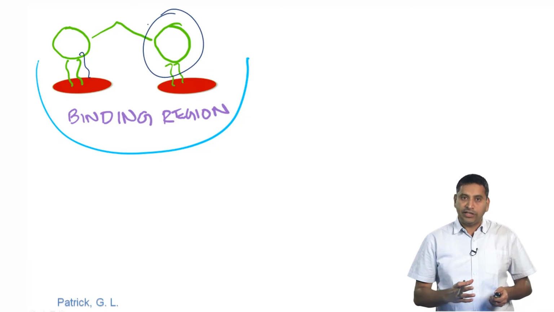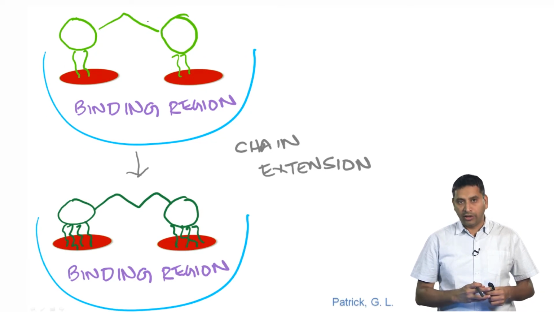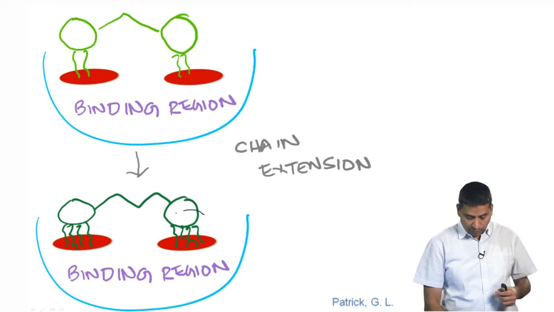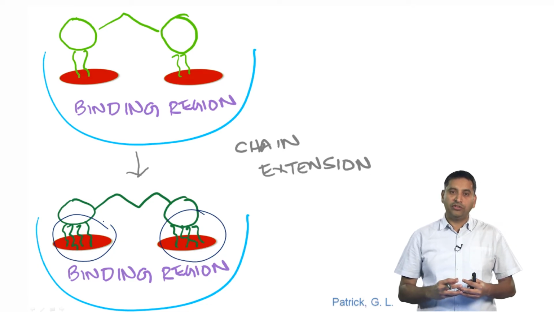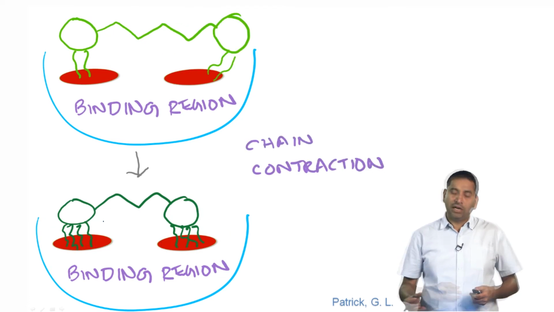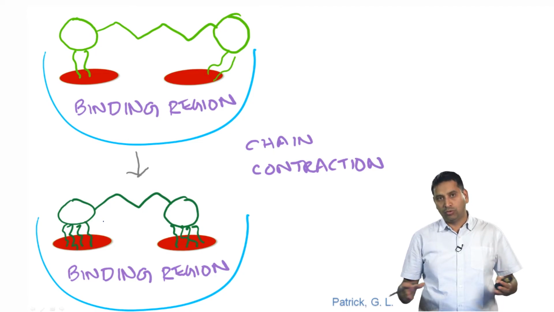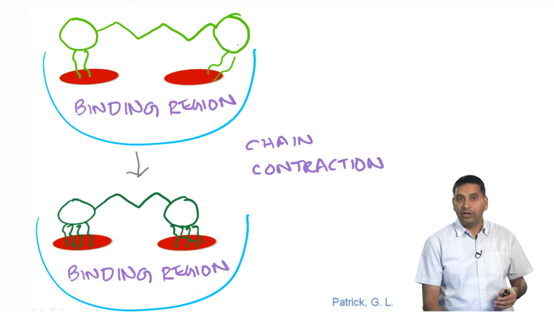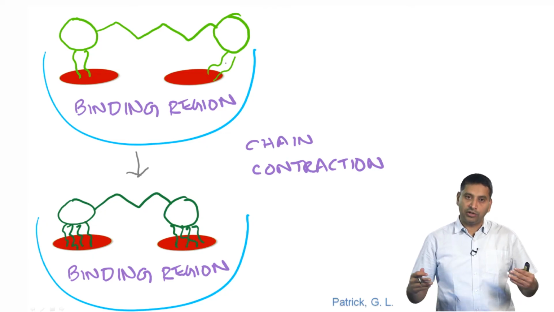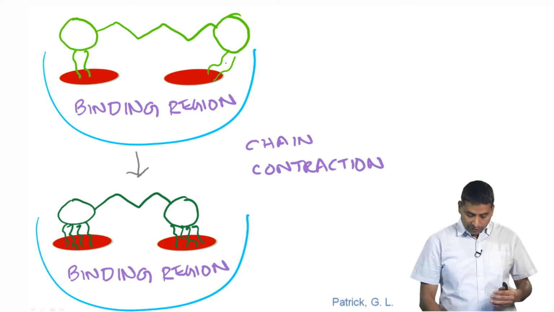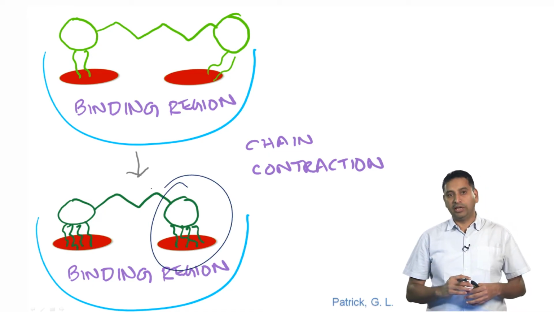By extending the chain, what we may be doing is increasing the number of interactions that may occur. This is one of the strategies that is frequently employed to improve binding to the particular region of interest. As a corollary, one can also think about a situation where the chain is too long, and so you have some weak interactions happening over here, but once you contract the chain or reduce its length, it is possible to arrive at a more optimal interaction.